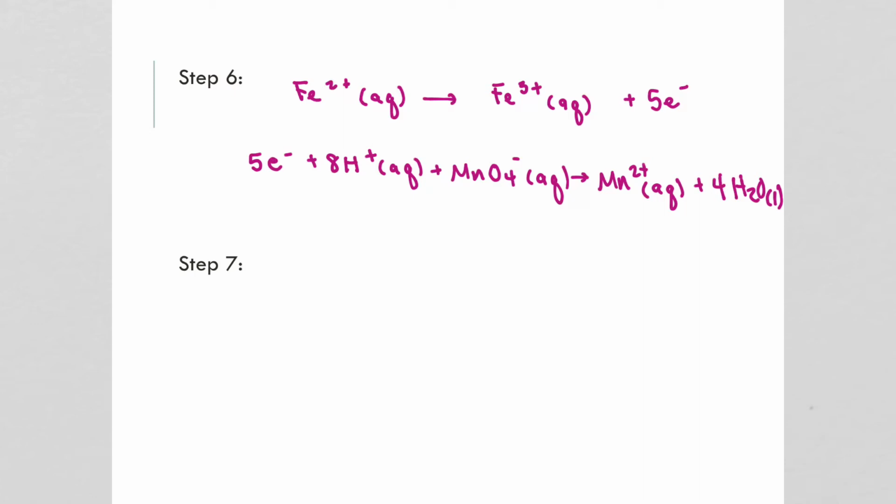So we now need to balance out what's being lost and gained. So if there's 5 electrons on the manganese side, that means we need to have 5 here and 5 here, because we have to have the positive charges balance out as well.